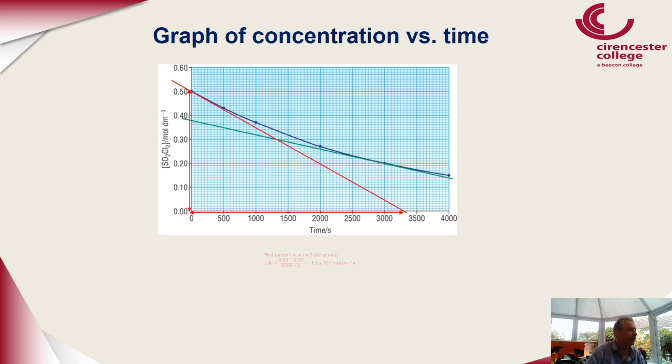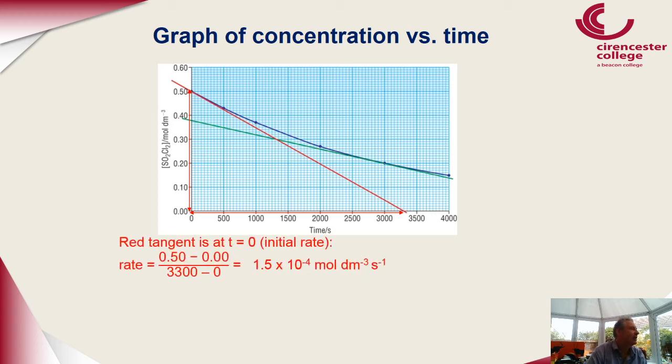I can see a triangle on it, so I can see that it's gone from 0 up to 0.5. Be careful that your x and y axis start at 0 if that's the case. So it goes up to 0.5, so it's dropping by 0.5. And it has increased along the x-axis up to about 3,300 as measured by that line there.